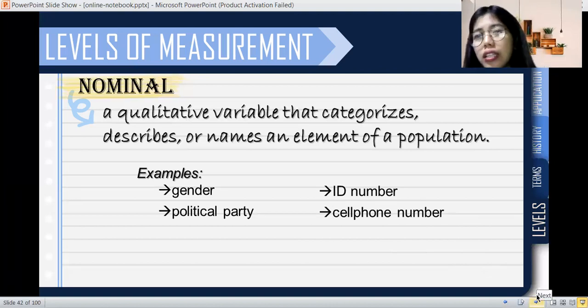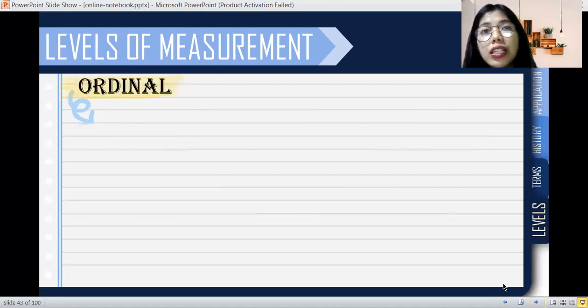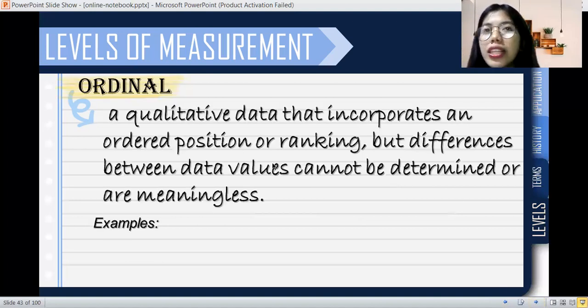Okay. And the next one, we have the ordinal. Ordinal is a qualitative data that incorporates an ordered position or ranking. But differences between data cannot be determined and are meaningless.